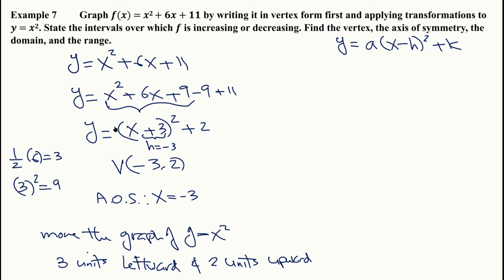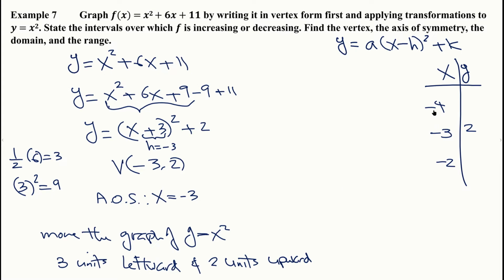But let's also go ahead and find some points. Remember, we're going to start with the vertex in the middle. We'll move 1 unit to the left of that, so that's -4, and 1 unit to the right of -3, which is -2.